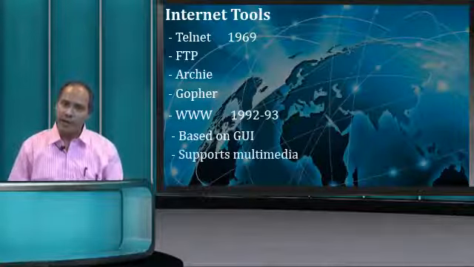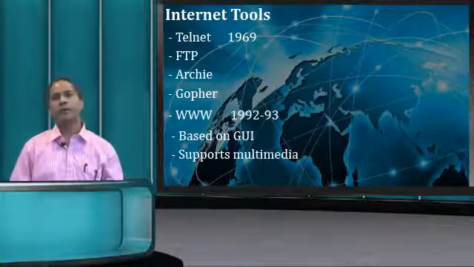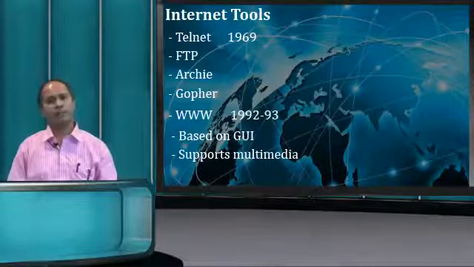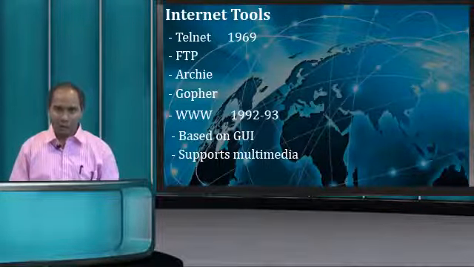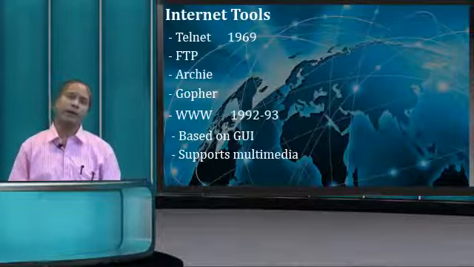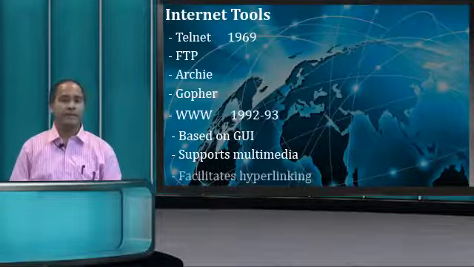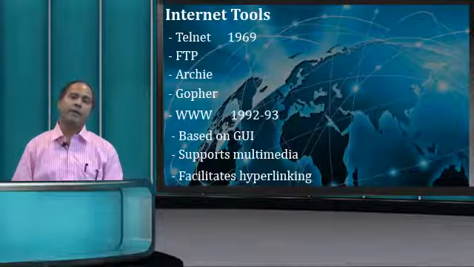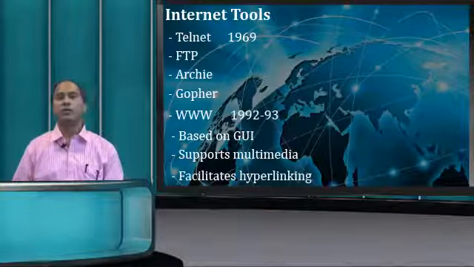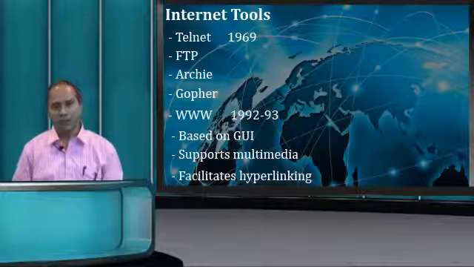It supports multimedia. Previously internet was textual, now it supports text, data, audio, video, streaming video, everything. A true multimedia environment. And most importantly, it facilitates hyperlinking. That means by clicking a particular link given there, you can reach to any computer to access any information.